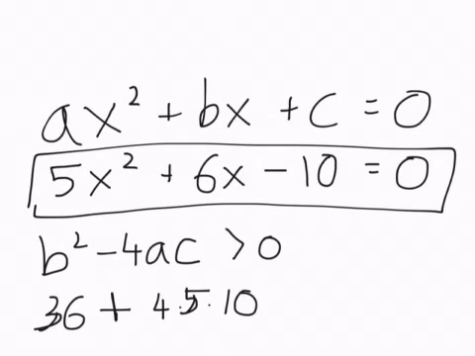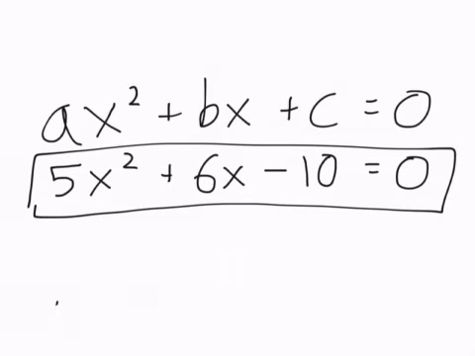We had negative before, and if you add another negative to that, you get positive. So in the end, we get 36 plus a positive number, 4 times 5 times 10, which is 200. 236. That is definitely positive. Therefore, we are safe and we have 2 roots. So, I think I'm pretty satisfied with this question.